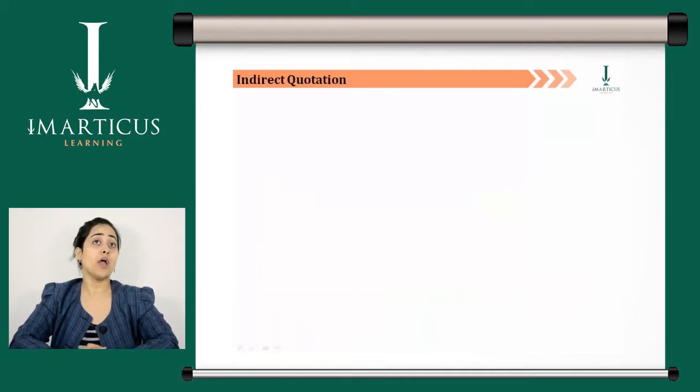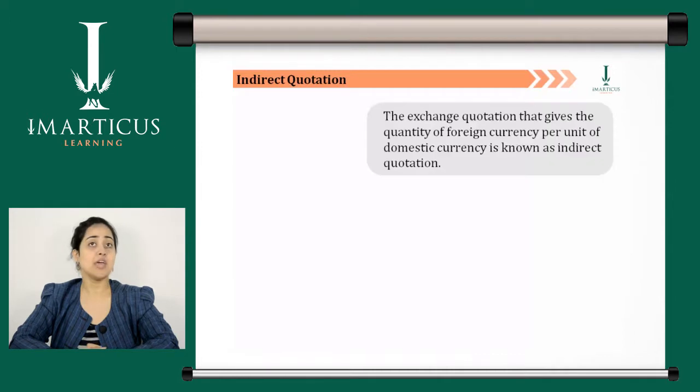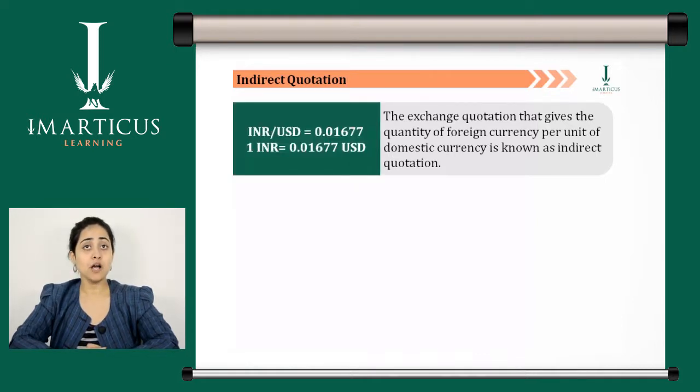Moving on to indirect quotation, which, as we mentioned, is also known as quantity quotation. An indirect quotation is one where the quantity of foreign currency per unit of domestic currency is published. For example, INR to USD is equal to 0.01667. This means that for 1 Indian rupee you will get 0.01667 USD.